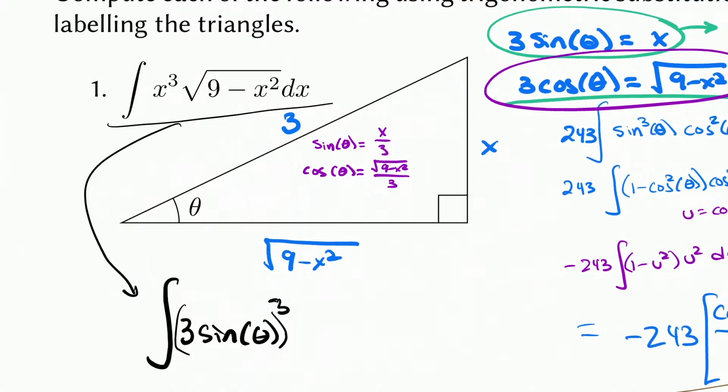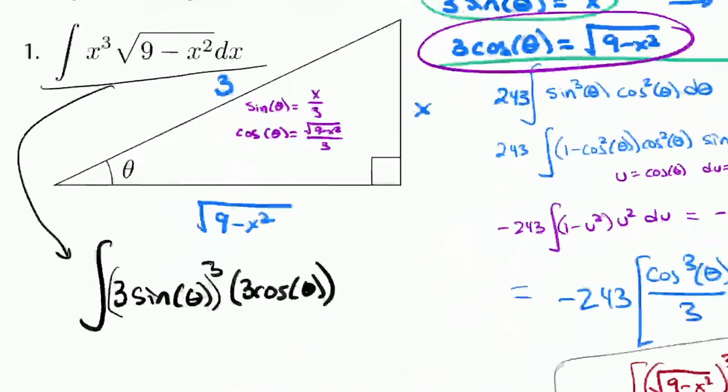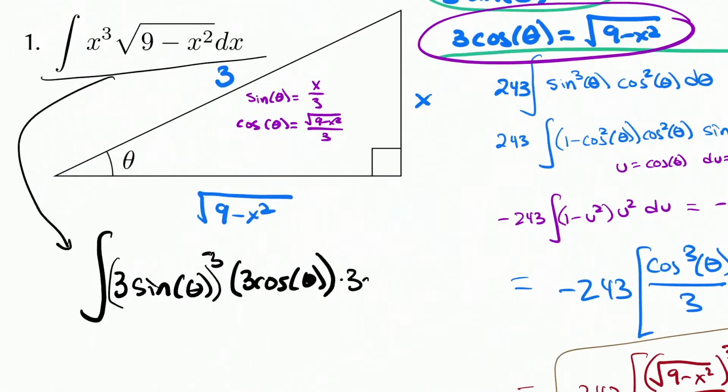And then the square root of 9 minus x squared is 3 cosine of theta. And then dx, I need to scroll over a bit, dx is 3 cosine theta d theta. So that's what I skipped.